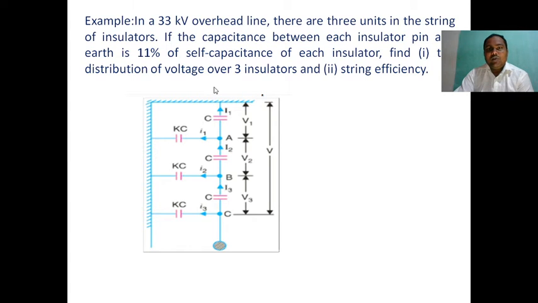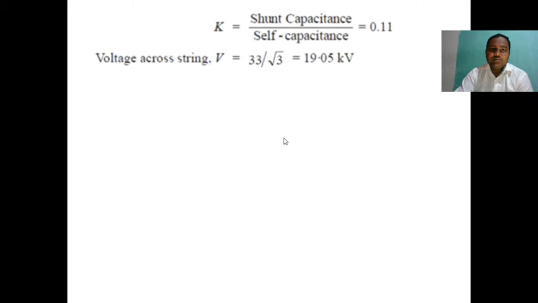If you are given 4 units also, no problem. We add another shunt capacitance and another self capacitance. For 5 insulators also, we add another shunt capacitance and another self capacitance. So K is equal to shunt capacitance by self capacitance, which is 0.11.